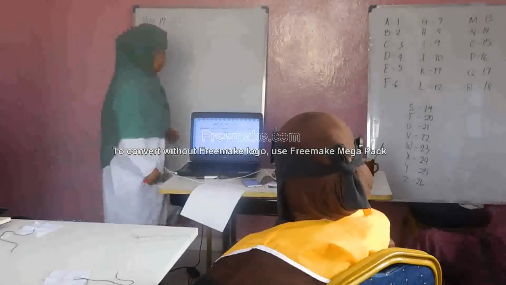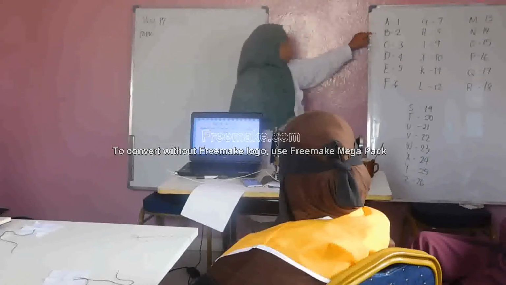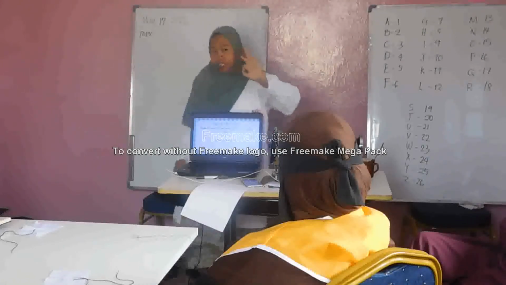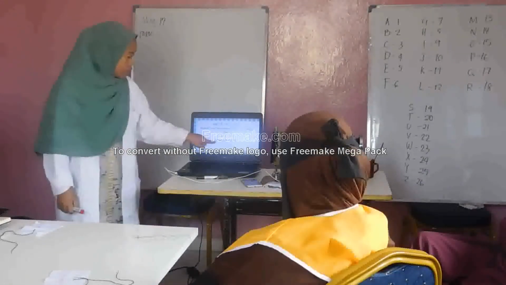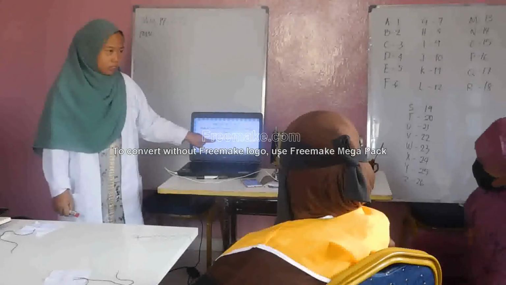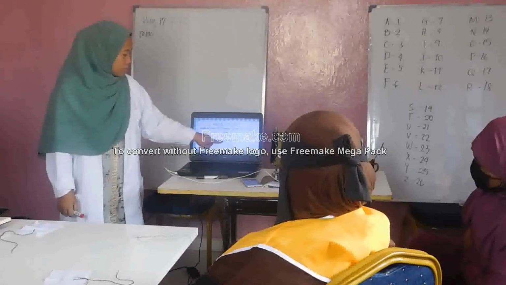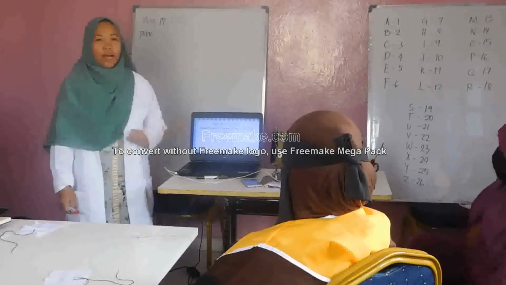If A is number 1, B is number 2, letter C is number 3, then could you please break the code with the following sequence? 19, 20, 9, 20, 3, 8, 5, 9.